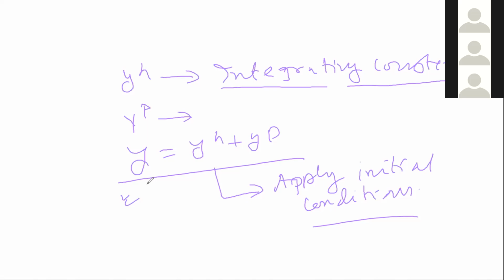Your ZIR can be determined only when you apply your initial conditions after solving for your YH. Then the solution will give you ZIR. But when we add our YH with YP, then apply initial conditions to find the integrating constant, your total solution will contain all the individual components, but they will be embedded together. That is the technique, okay? Yes, sir.